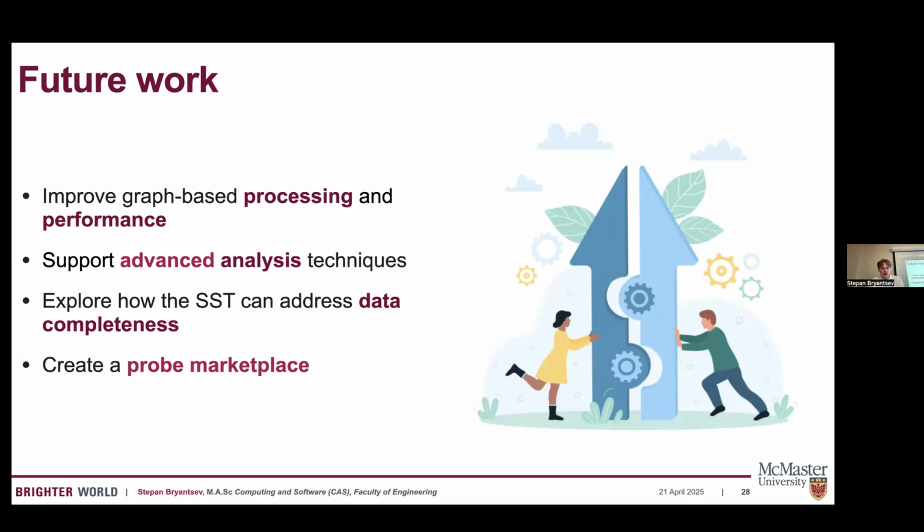And another useful property is to support advanced analysis techniques. Having this unified graph representation gives us a very large area of analysis. So we can apply some machine learning, some advanced graph queries on top of our system. That would be probably very useful for maintenance.